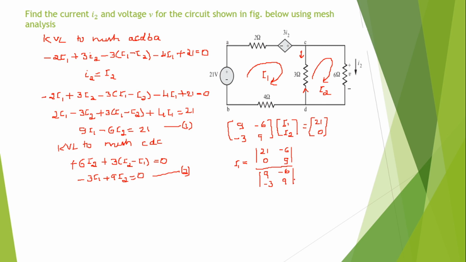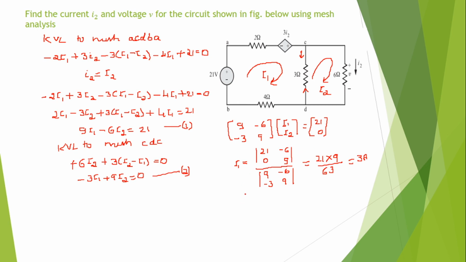That is 21 into 9 divided by 81 minus 18, so 189 over 63, which is equal to 3 amps. So I1 is equal to 3 amps.